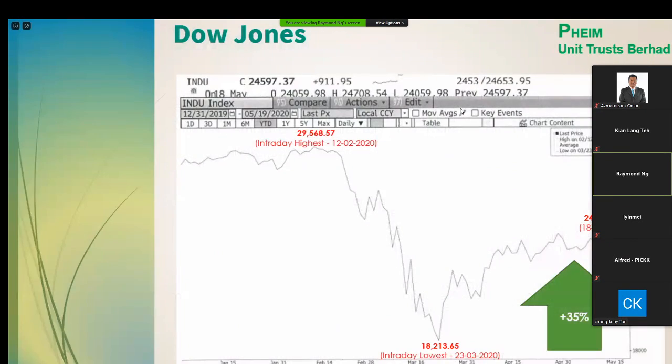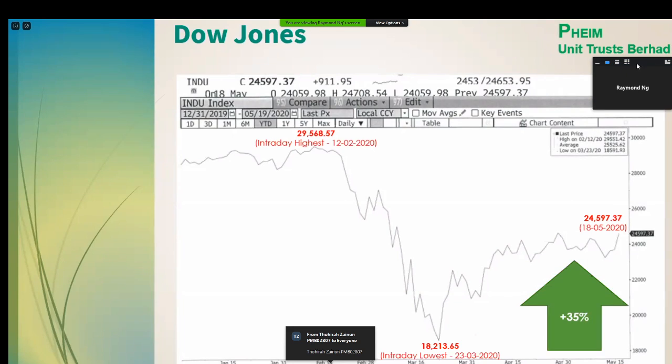As you can see from this slide, it's a Dow Jones performance chart. From this chart, the highest point started on February 12th at 29,568.57, and it went all the way down on 23rd March 2020 to 18,213.65.